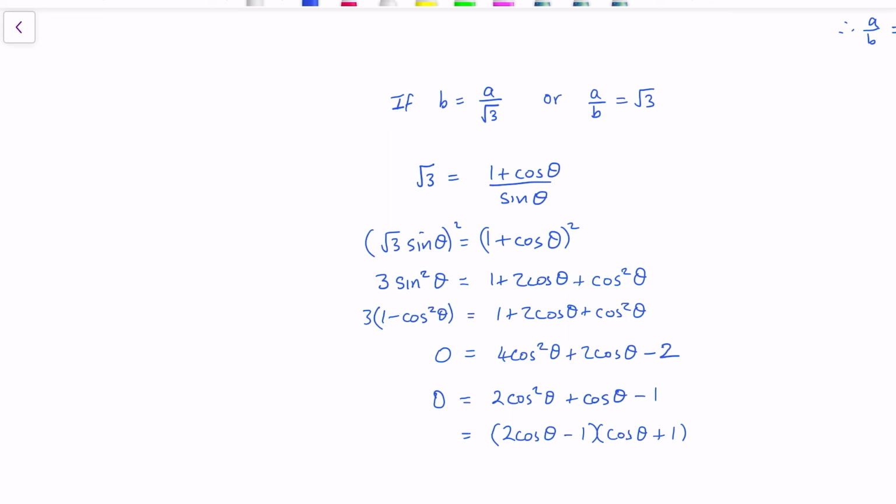So this was telling us that cos theta plus 1 equals 0 is a possibility, but we know it's not. Cos theta plus 1 doesn't equal 0, because the original problem therefore would be 0 over sine theta. So it must mean that cos theta equals a half. And cos theta equals a half is an angle of 60 degrees.